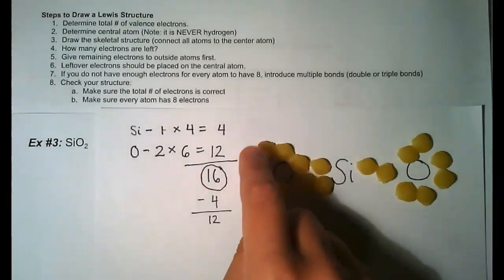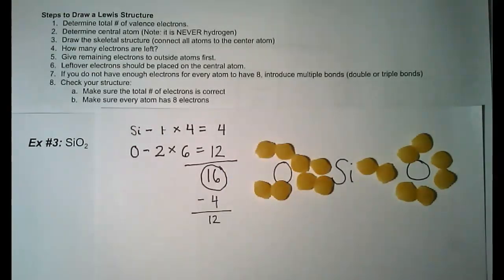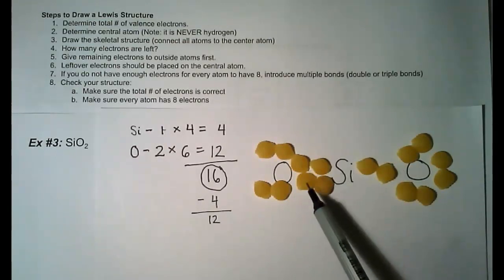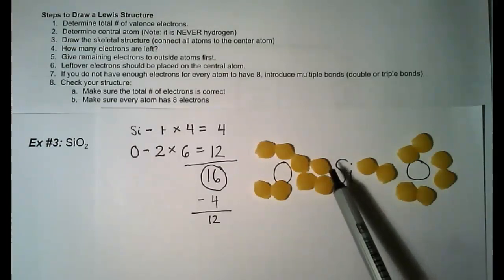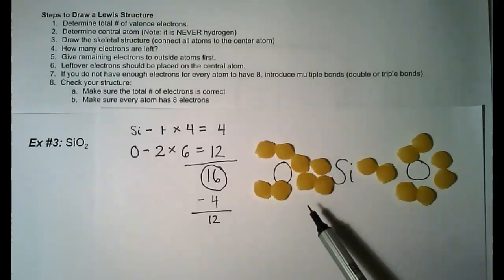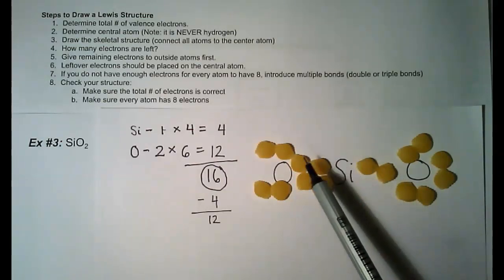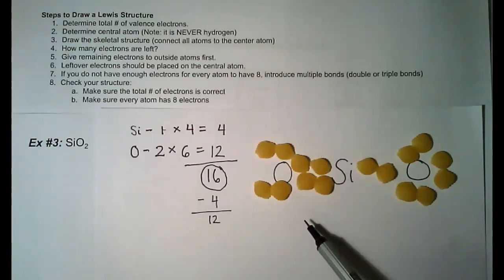So now oxygen still has 8 because it gets to claim all the electrons that are in the bonds, but silicon has another pair of electrons because it gets to claim these 2 here in the single bond and the 4 electrons that make up the double bond. So now silicon has 6 electrons and it still needs another pair.